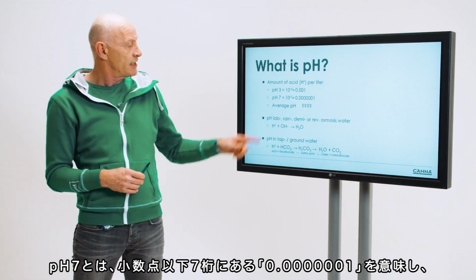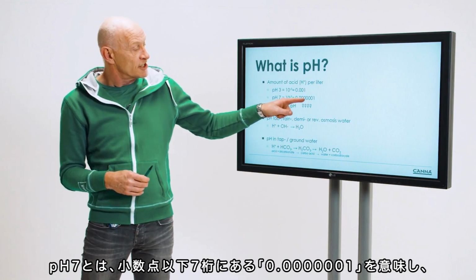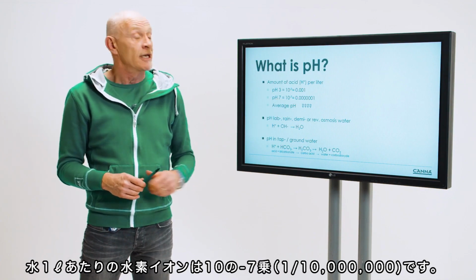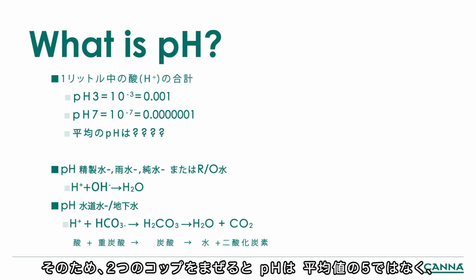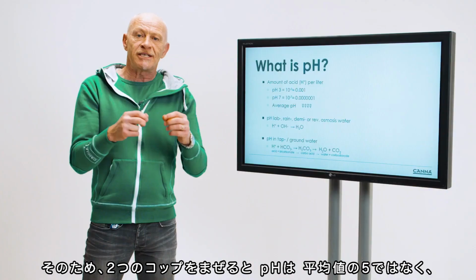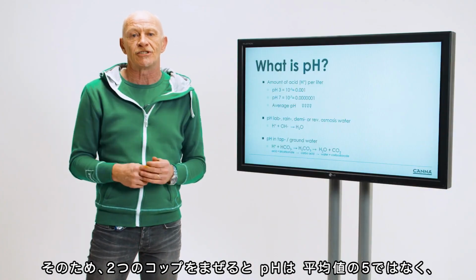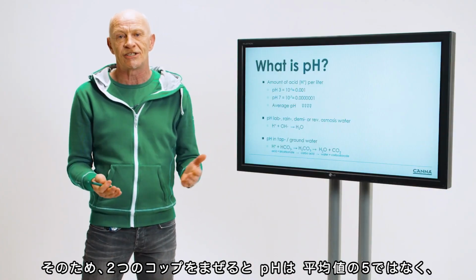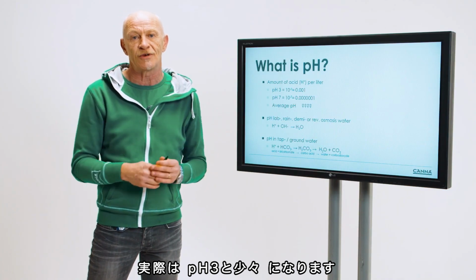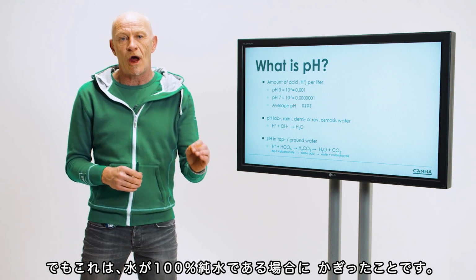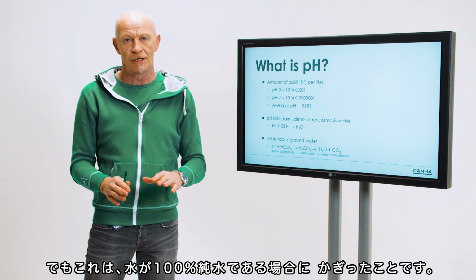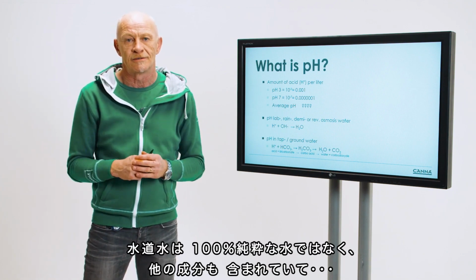But pH 7 has on the 7th spot a number 1, and that means 1/10,000th of parts of acid is in a liter of water. That means if we mix them, you don't get the average number 5, but actually you get pH 3 dot and a little bit. But that will only happen in real normal water.